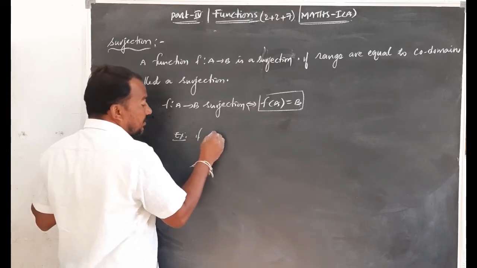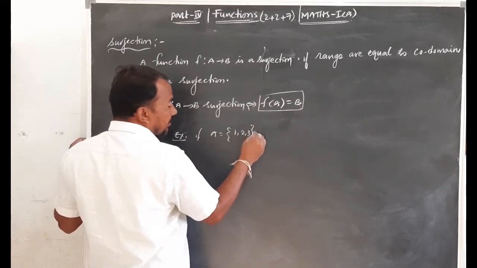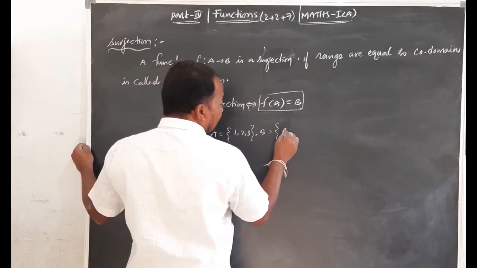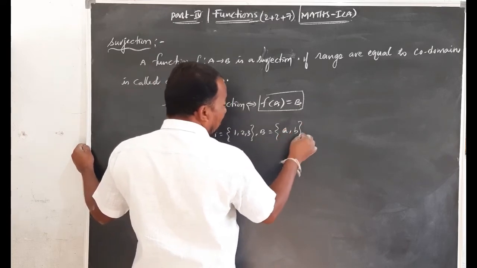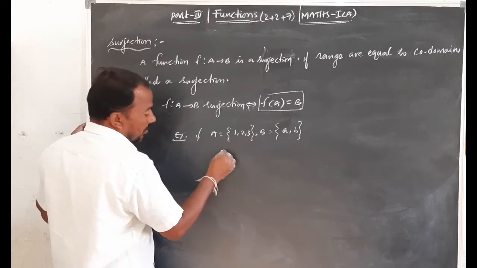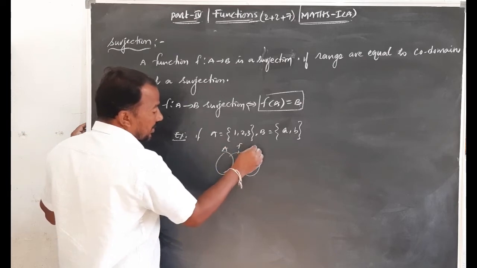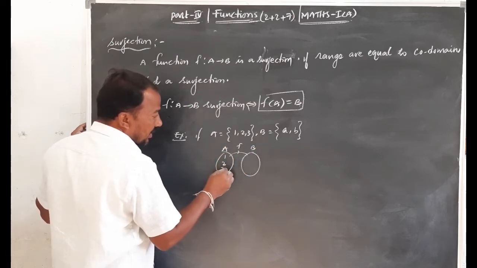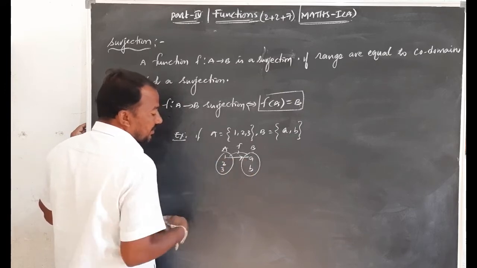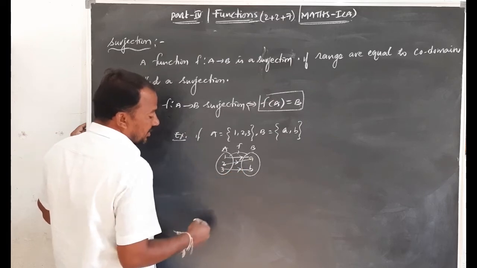If A equals the set {1, 2, 3} and B equals the set {a, b}, consider the mapping f from A to B: the image of 1 is a, the image of 2 is a, and the image of 3 is b.